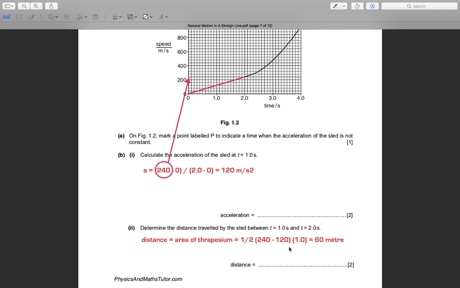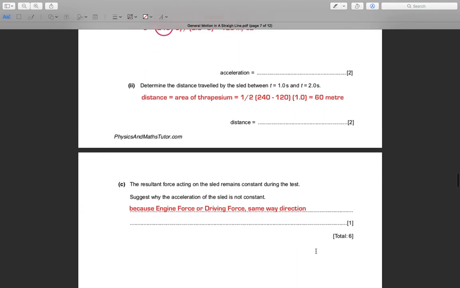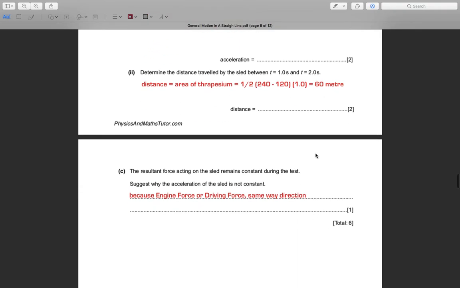So times 1, and we get around 60 meters.